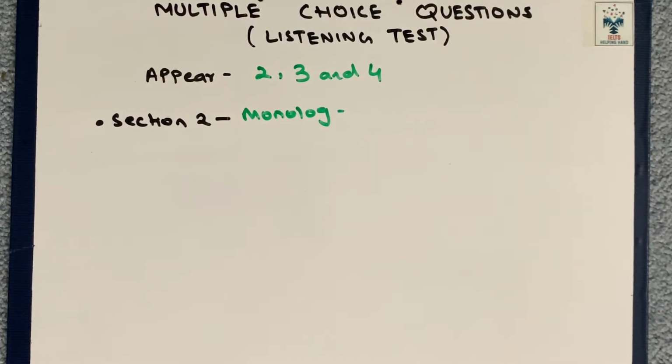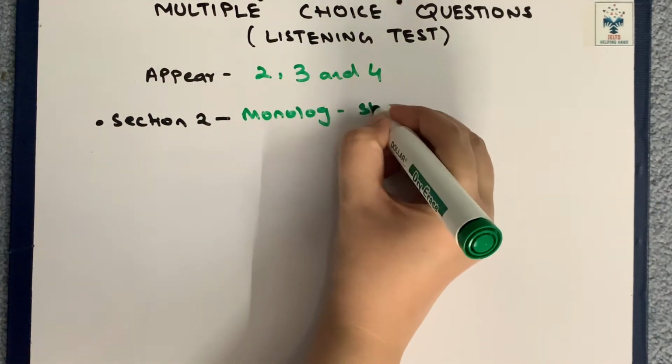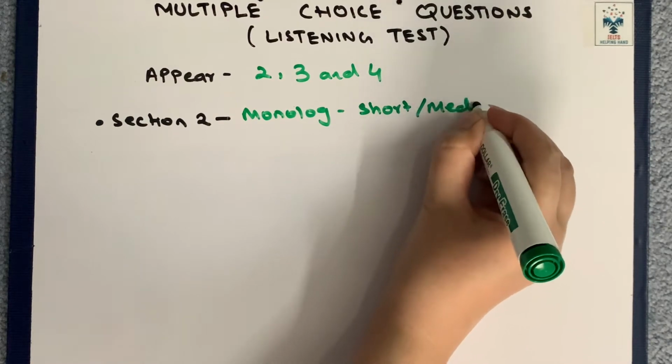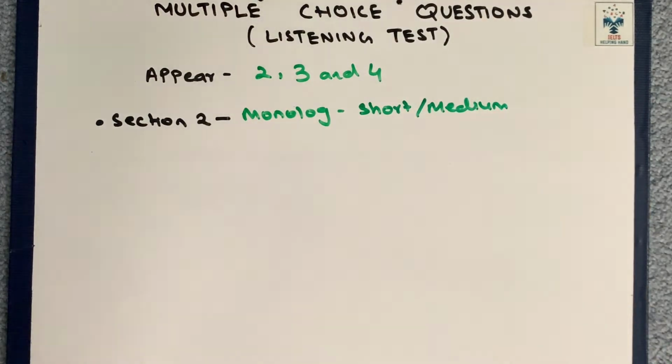If you get MCQs here, options are either short or medium in length but not too long, which makes them easier as compared to MCQs of other sections.